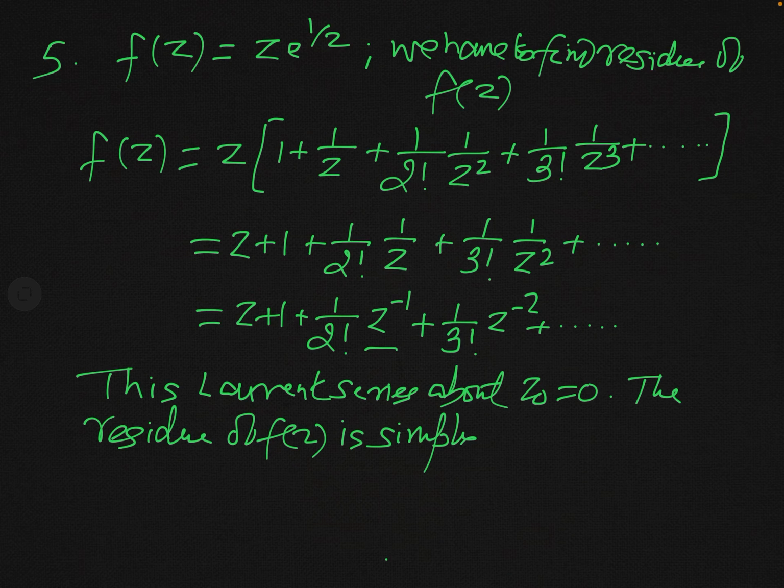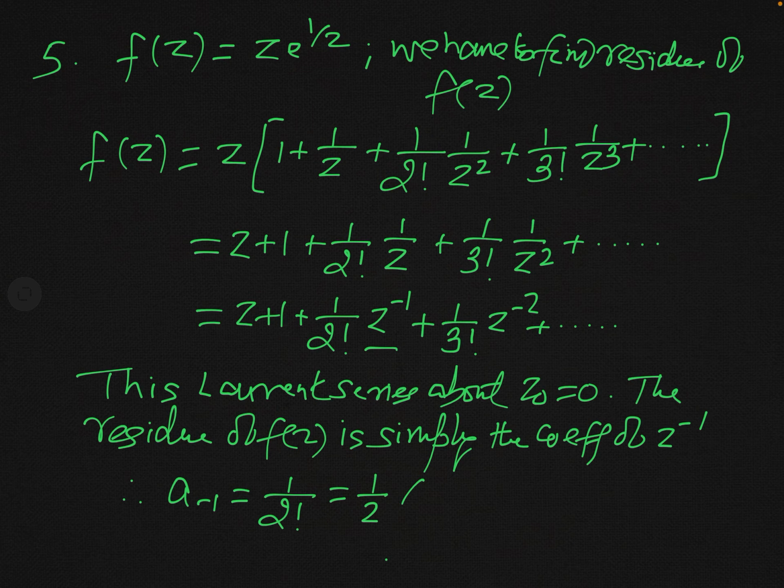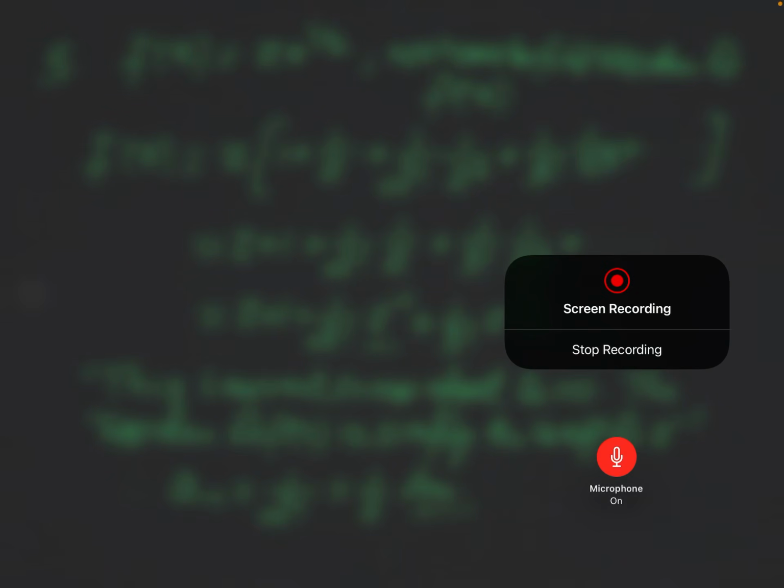So the residue of f of z is simply the coefficient of z to the power minus 1, and therefore a minus 1 is equal to 1 over factorial 2, and 1 over factorial 2 is simply 1 over 2. So this will be the residue.